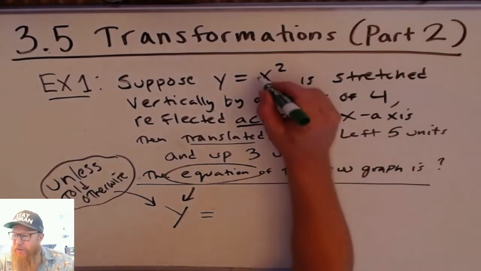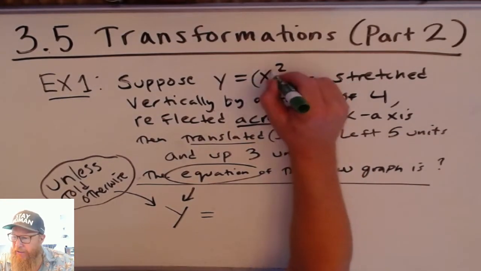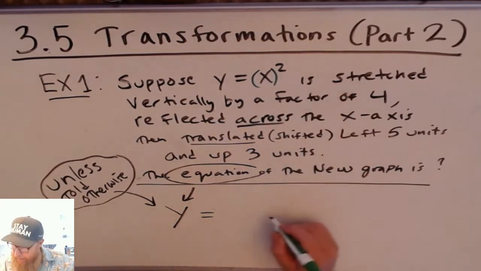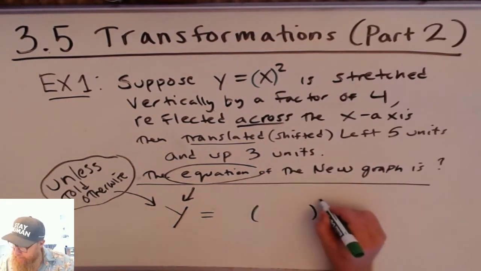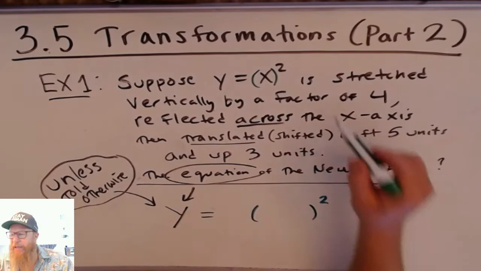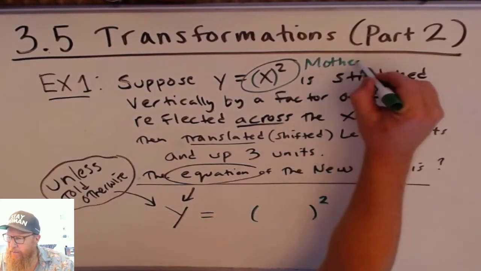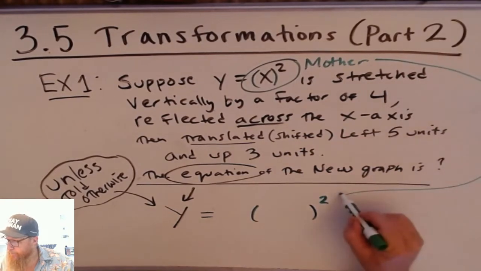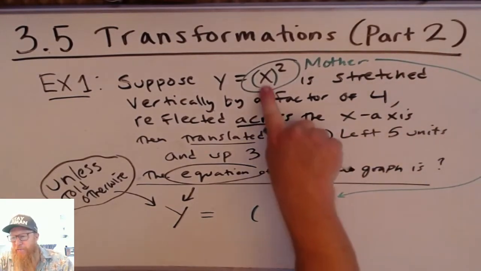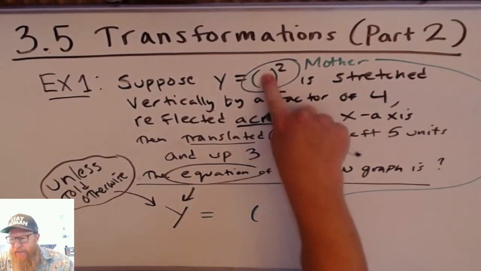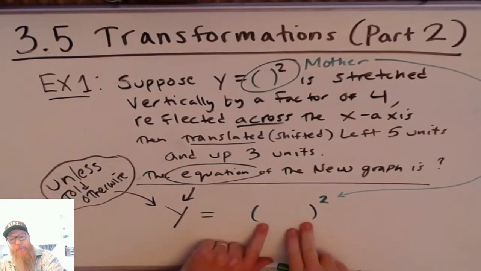So we're going to start with this function, x squared. That's our template. That's our mother. Remove the x, and then make a blank set of parentheses.